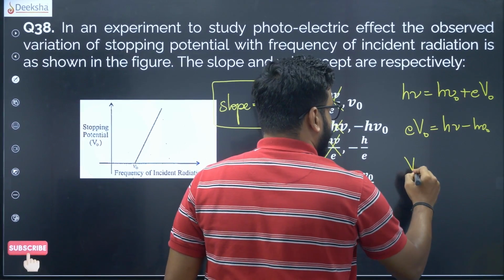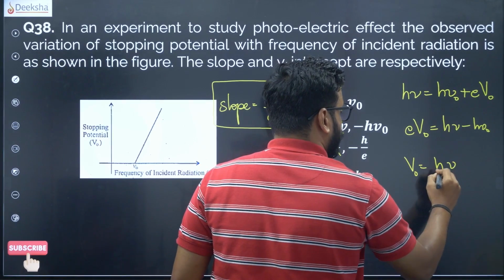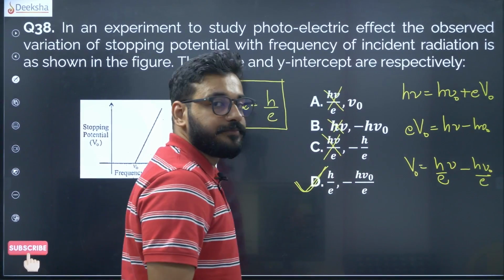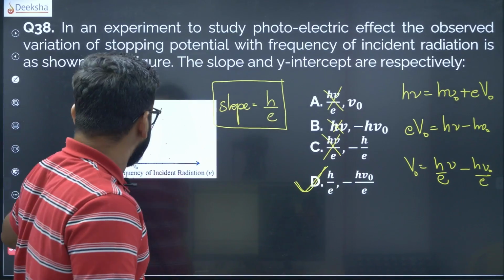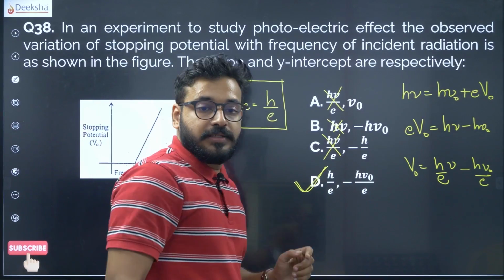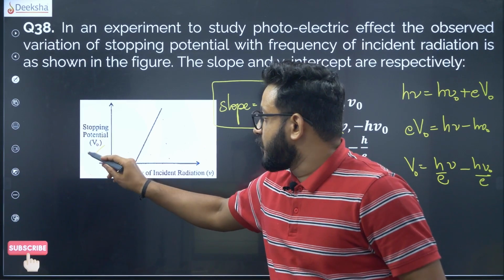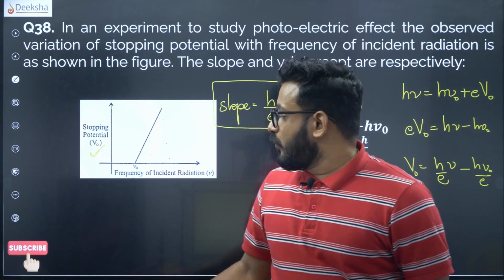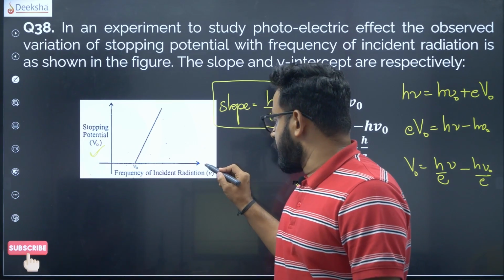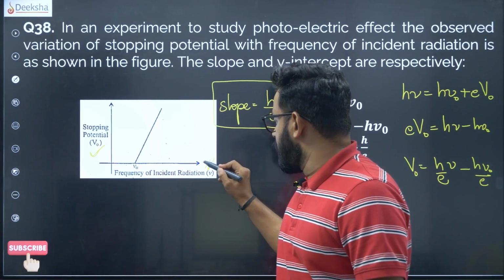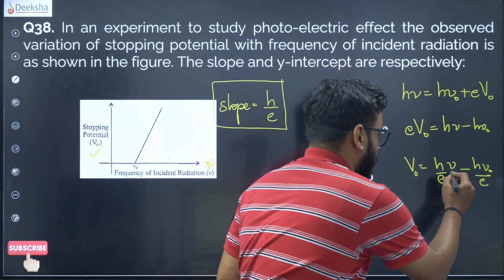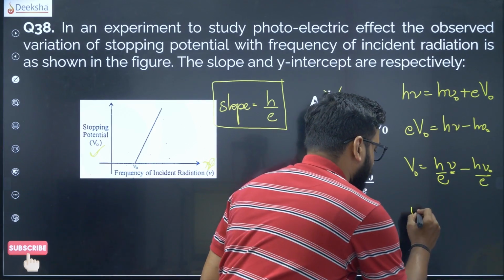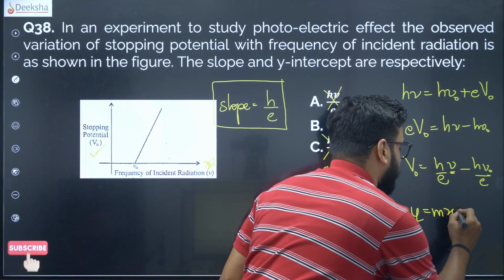Bring the e down: V naught is equal to h nu by e minus h nu naught by e. V naught here is on the y-axis, so we have y as V naught, and nu, the frequency, is on the x-axis. This is the slope. This is actually the format of y is equal to m x plus c.